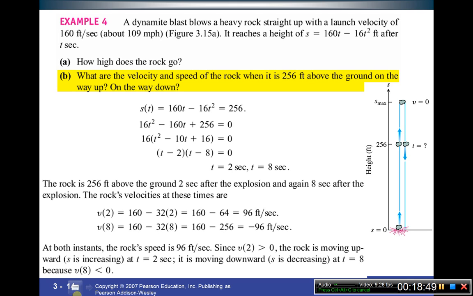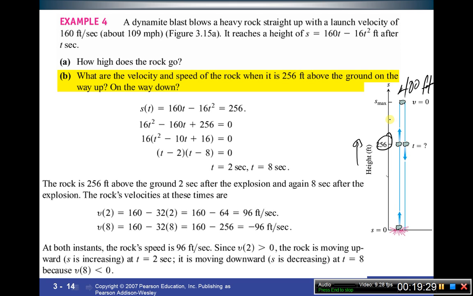The next question is, what is the velocity and speed of the rock when it is 256 feet above the ground on the way up? Now, we know that it goes up to 400 feet, and so as it's climbing and reaches the 256 feet point, we want to know the velocity and speed of the rock.